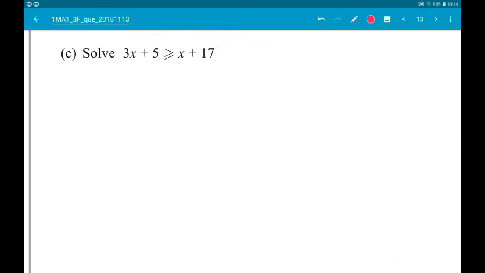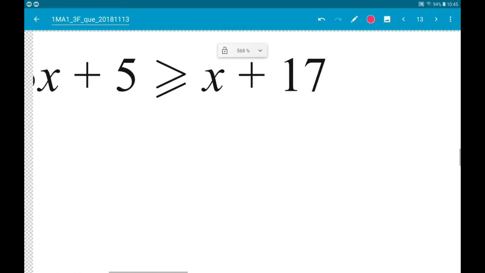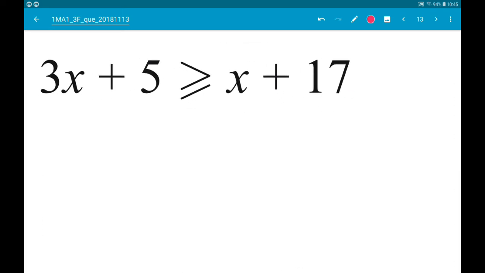Okay, then part C, we want to solve 3x + 5 is greater than or equal to x + 17. Solving inequalities is just like solving equations.